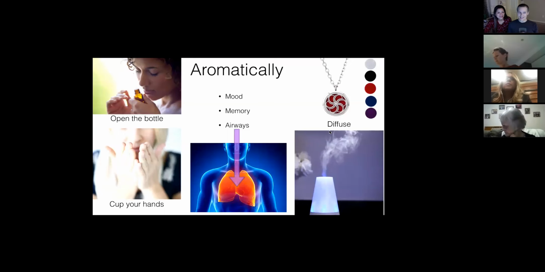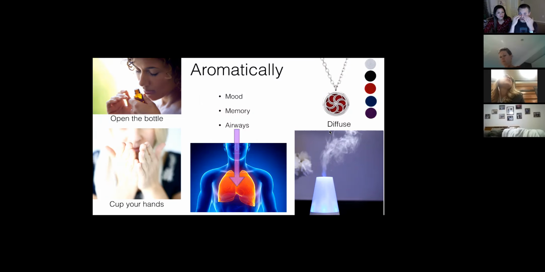Aromatically, you're breathing it in. You could do that by just opening a bottle or cupping your hands over your mouth, or diffusing it into the air in the environment that you're working or living. You can wear a diffuser necklace or any other way that you can get it into the air that you breathe, and then it goes into your lungs. From your lungs, it goes into the alveoli and then into our bloodstream.